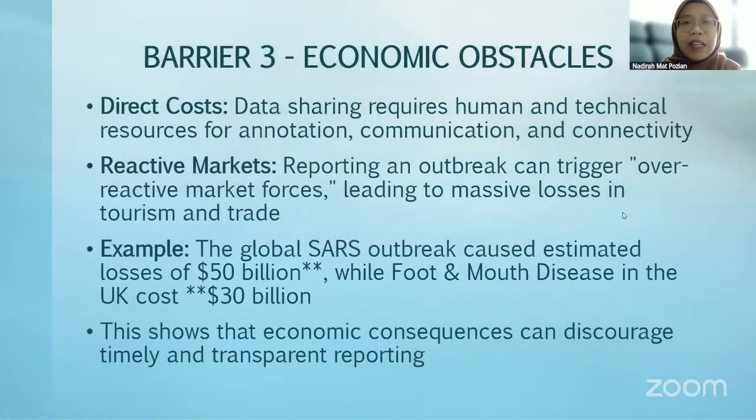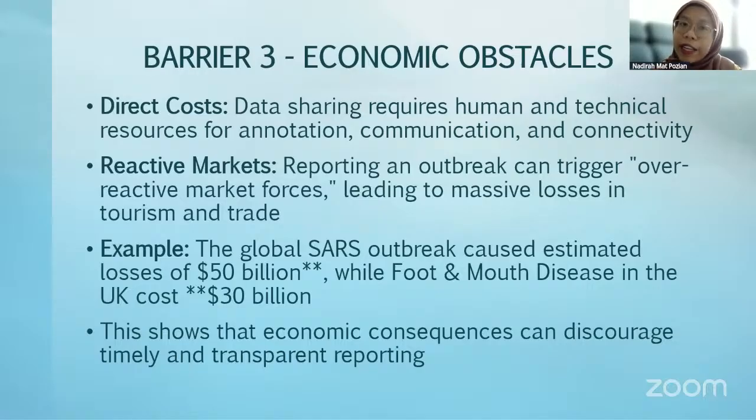So the third barrier is economic obstacles. Data sharing requires human and technical resources for annotation, communication, and connectivity. Reporting an outbreak can trigger overreactive market forces, leading to massive losses in tourism and trade. For example, the global SARS outbreak caused estimated losses of approximately 50 billion, while foot and mouth disease in the UK cost approximately 30 billion.